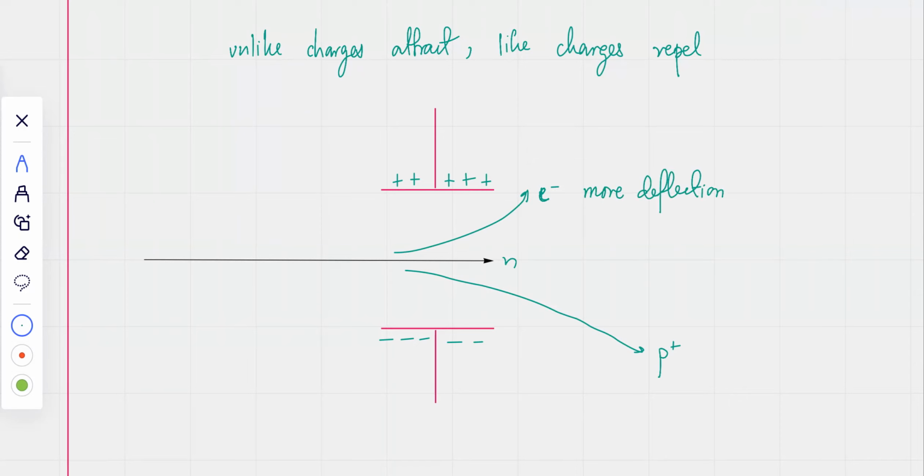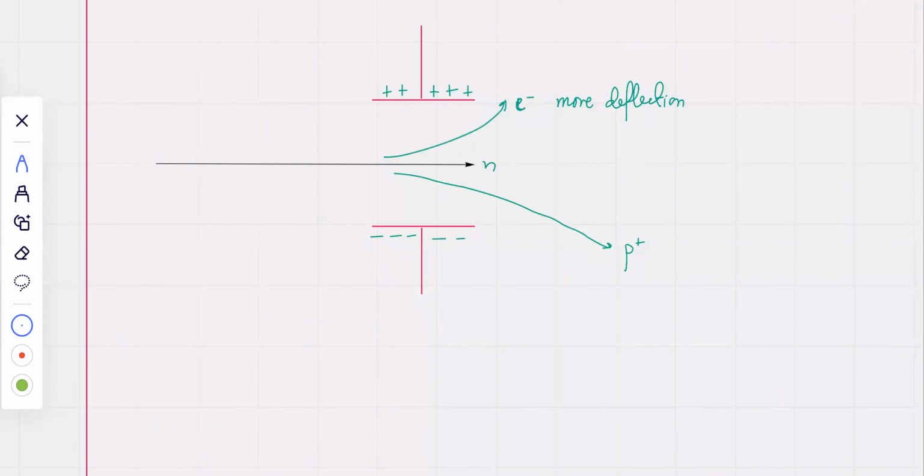So it's going to have more deflection, and also remember that this deflection depends on two things. The deflection is proportional to the charge and inversely proportional to the mass. What that indicates is that if you have greater charge, there's going to be more deflection.